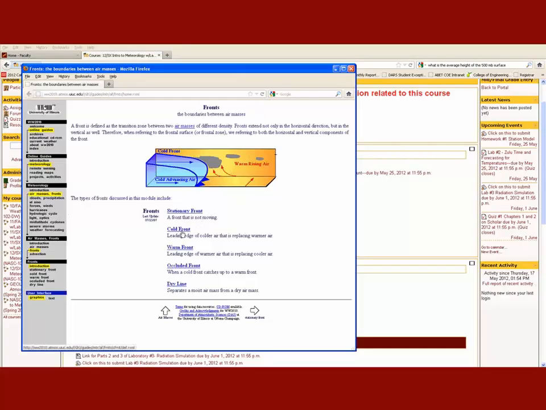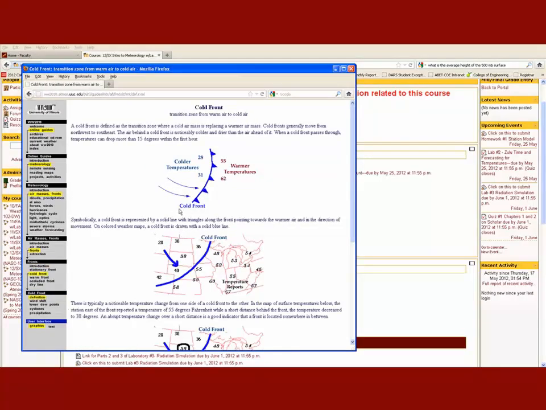So for example, if you click on the cold front, it talks about what a cold front is. It shows that a front here, this blue line, is moving off to the east-southeast, out ahead of a cold front. Typically you would have warmer temperatures. Behind a cold front you would have colder temperatures. So as this front moves left to right across this screen, it will be replaced by cooler temperatures.